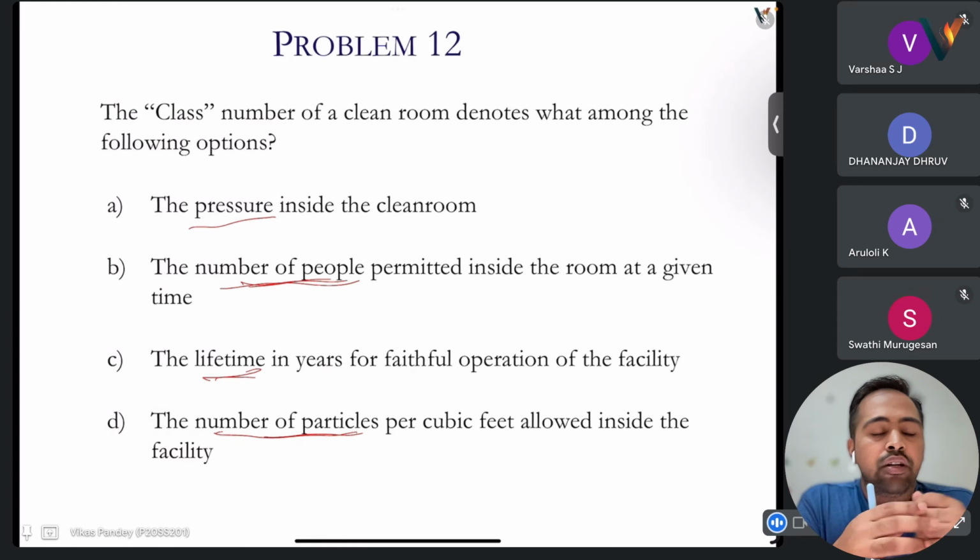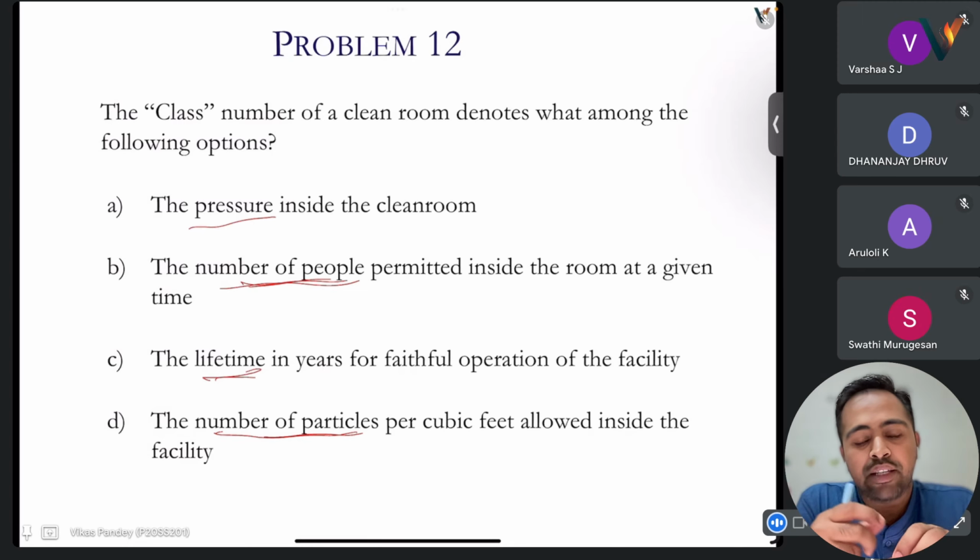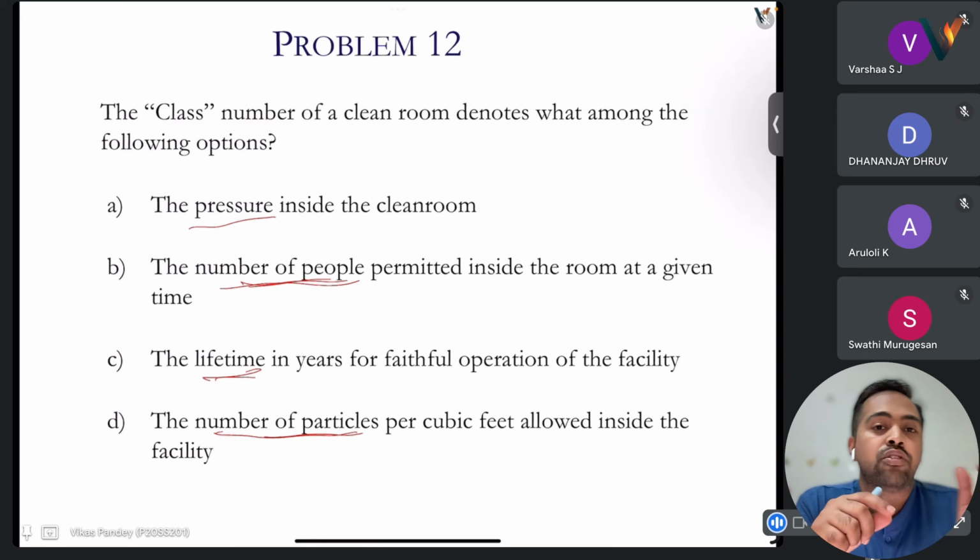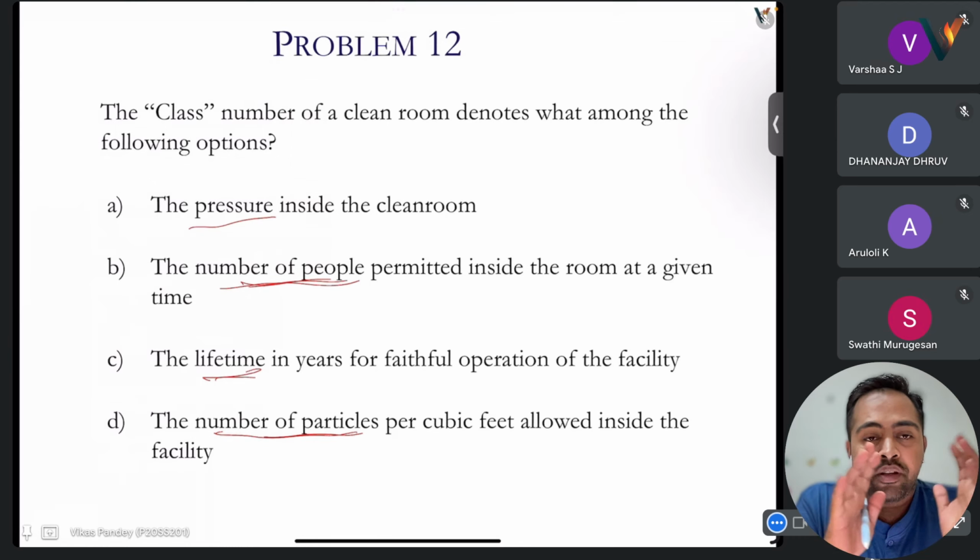There are two standards: one is American, one is ISO. In the American one, they go by per cubic feet, and in the ISO one, they go by per cubic meter. How many particles of a standard size, less than 0.15 micron, are permitted inside that room? And then there are classes of clean room: 1, 10, 100.